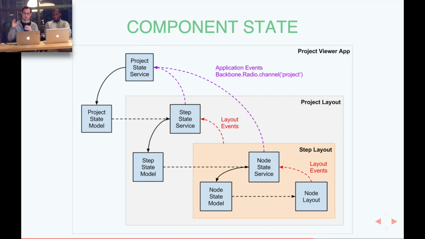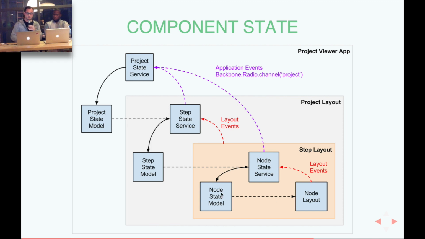But this is that infinite nestability that we're talking about, and how each level is completely self-contained and modular. This idea of a component can advertise business events, in this case on the Backbone radio channel, and also its own internal event system.